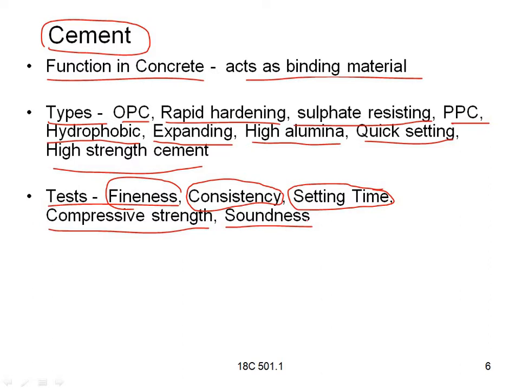When the cement is mixed with water, it will hold its strength and consistency up to a certain time. Our initial setting time is determined as 30 minutes and final setting time is determined as 600 minutes, that is, 10 hours. Okay. So in the testing laboratories we will know the initial and final setting time of cement.